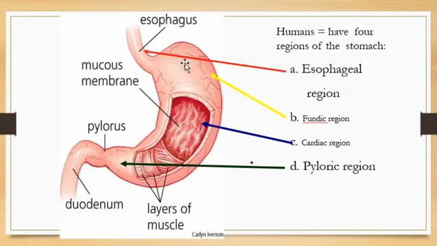The fundic region is located at the end of the esophagus, wider in area. We have the cardiac, the middle portion of the stomach, and the pyloric region near the pyloric sphincter, the area near the duodenum of the intestine.